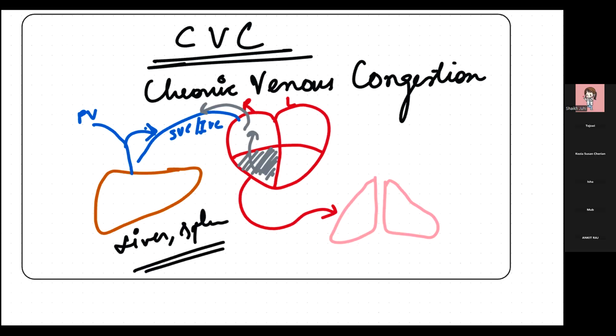In case you're not familiar with it, don't worry. I'll be discussing it in detail when we start liver cirrhosis. Okay, so I hope that chronic venous congestion is clear.